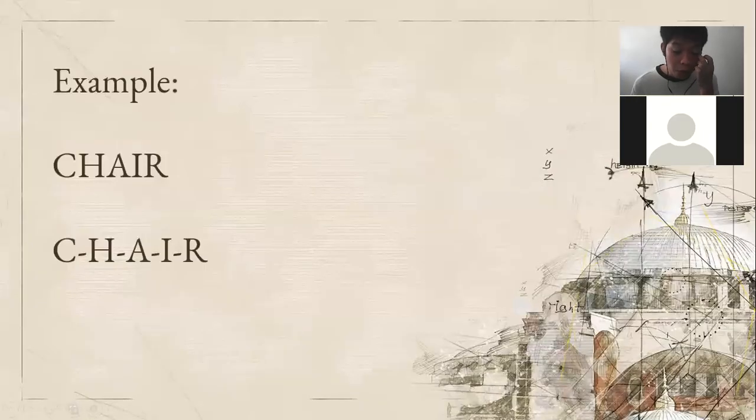Okay, for example, the word chair. There's no natural connection between the object chair and the 5 letters in this specific word. These letters are just used in order to represent it, but there is no direct connection between the word chair and the letters, or the object of the chair itself and the letters or the symbols that represent it.